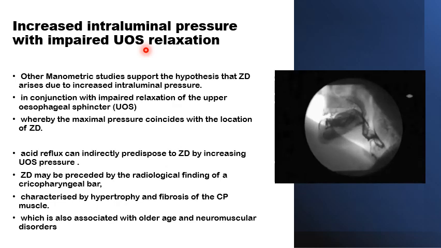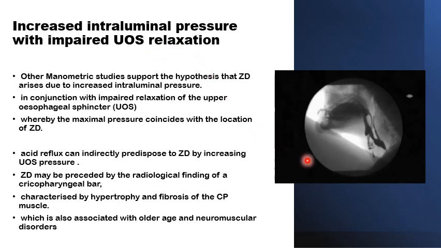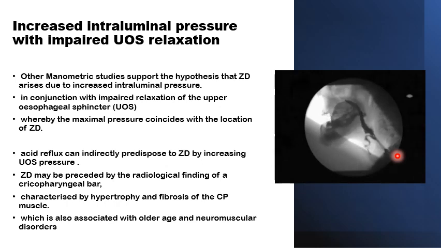This can be caused by, for example, acid reflux, and it is known that the incidence of Zenker's diverticulum is almost doubled in the cases of things like hiatus hernia. It's also known that before the formation of pharyngeal pouches, some patients may have a pharyngeal bar due to hypertrophy and fibrosis of the Cricopharyngeus muscle.